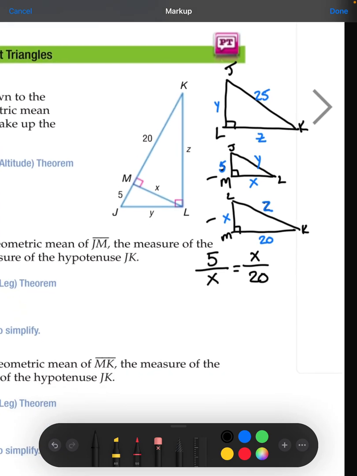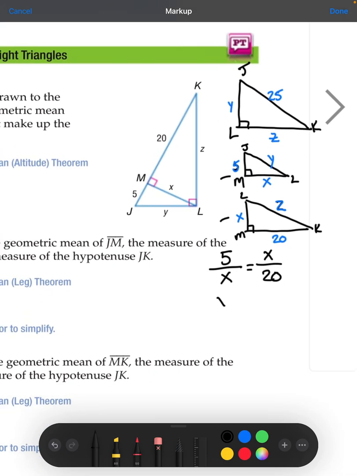So that totally makes it solvable because you're just going to use the geometric mean. So we know that x squared equals what? 100. And so x equals 10. Step 1's done. We know now that x is 10. So I can erase these 2 and put 10 in there.